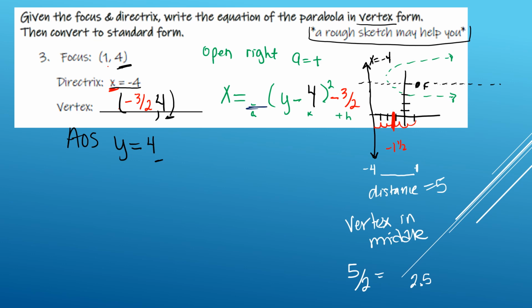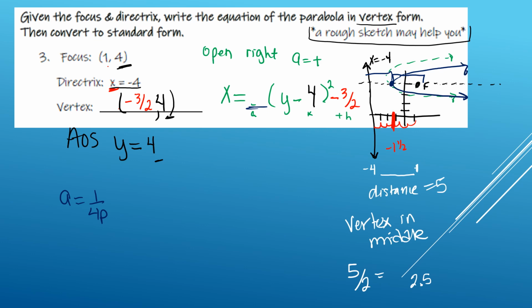What we've used is that a equals 1/4p, and we've used it backwards, where we knew the leading coefficient. Well, now we actually know what the distance is. So I know that my distance from the vertex to the focus and from the vertex to the directrix is 2.5, excuse me, 2.5, not 1.5.